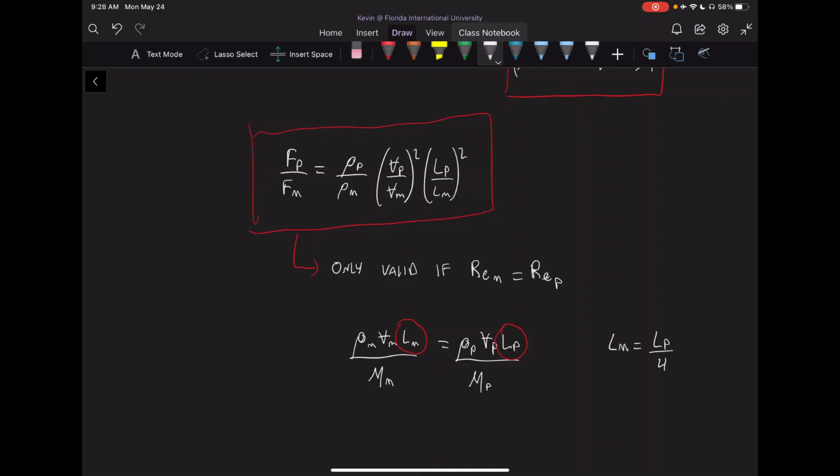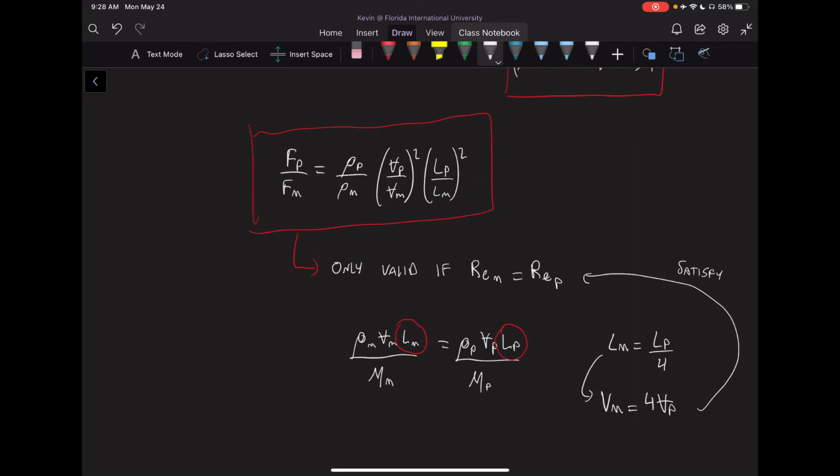The easiest way to solve for that is to say, okay, then if we make Vm equal to 4 times Vp, this would solve our problem. Okay, so our model is 4 times as small as our prototype, but if we use 4 times the velocity, we satisfy this equation.